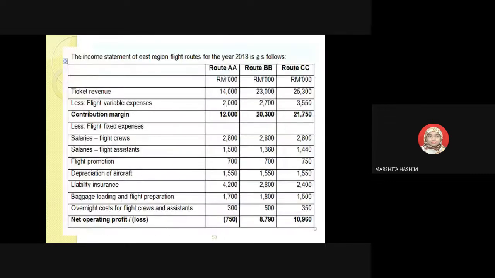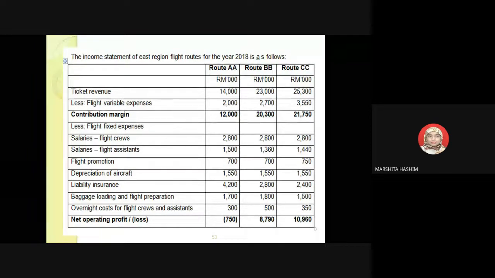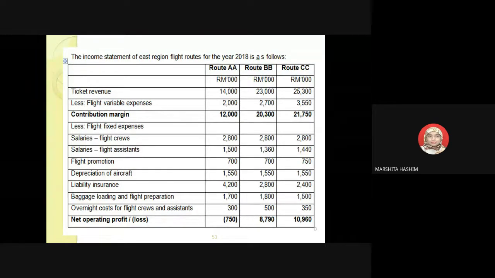So they give you an income statement. You have three routes, route double A, double B, and double C. You have a list of revenue, one revenue only, tickets revenue, minus variable cost. Then it shows contribution margin. And then you have a list of other costs. Finally, they give you either profit or loss. If you look at this table, only route B and C are profitable.